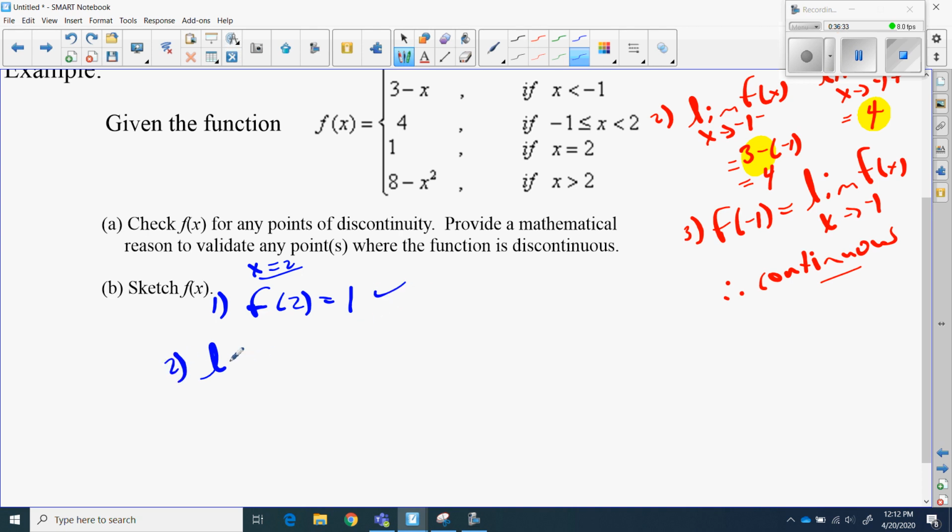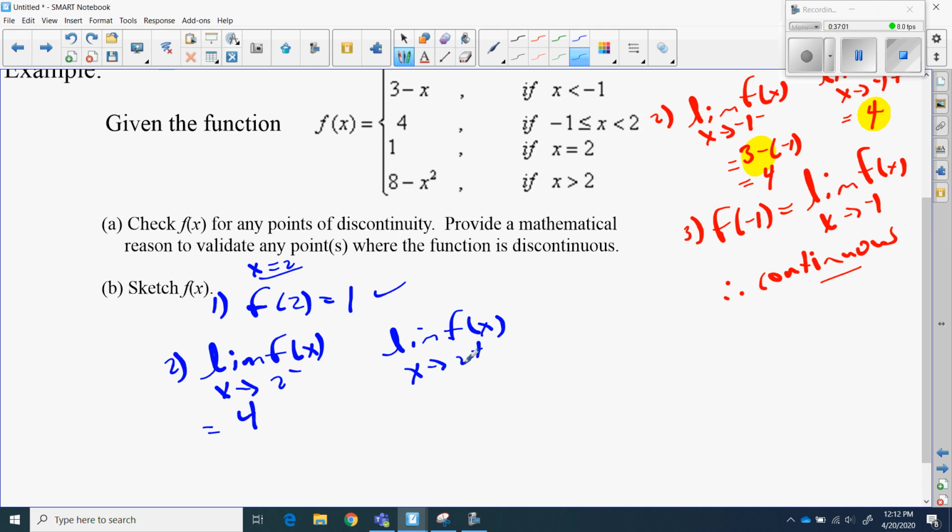Condition 2 of continuity, you have to check the limit of the function from the left and the right, and they need to be the same, or you're going to fail continuity. The limit of this function as x is approaching 2 from the left, and then the limit as x is approaching 2 from the right. 2 from the left will be a number that's ever so slightly less than 2. So if x was ever so slightly less than 2, there's your y value.